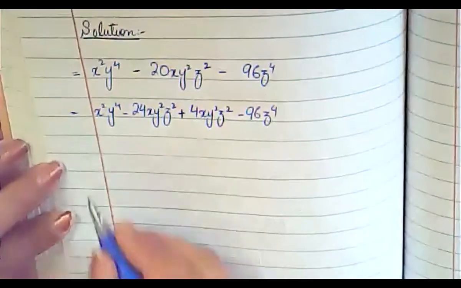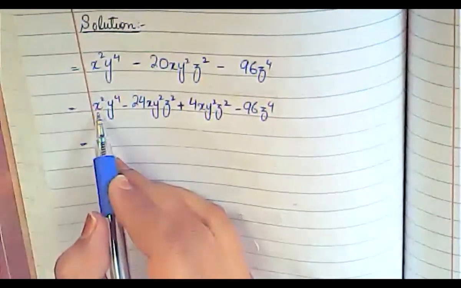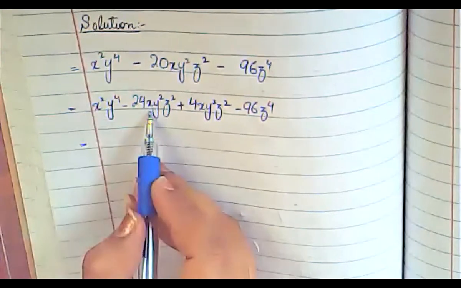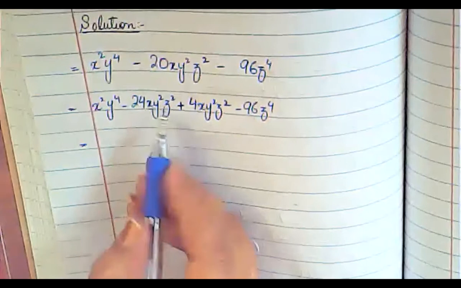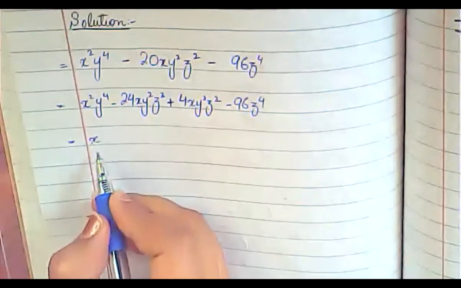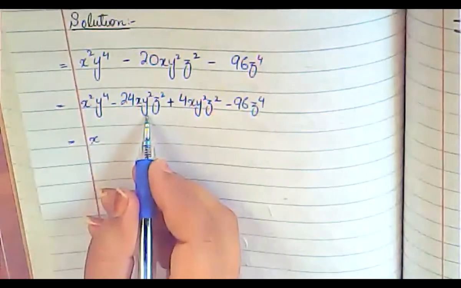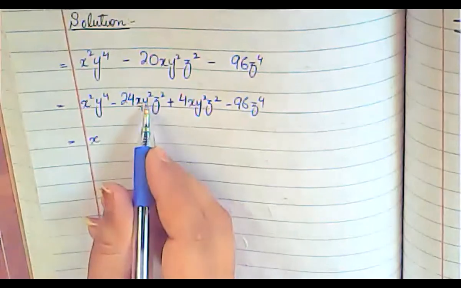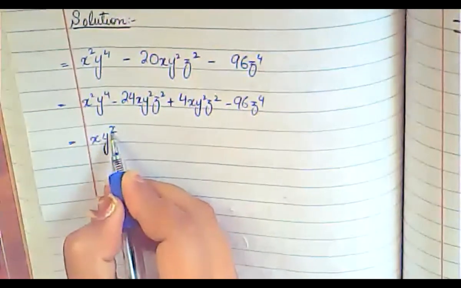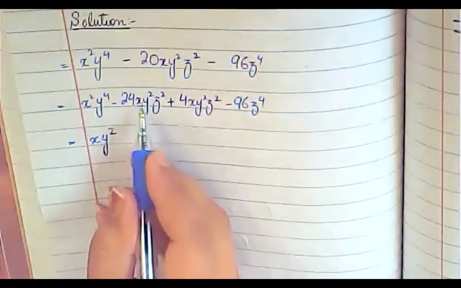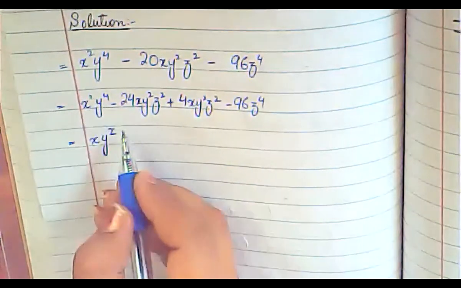What will be common here? Obviously, the first common variable in these two terms is x, and the least power of x is x1, so we will take x out. Y is also common, but the least power of y here is y square, so you will take y square out as a common. And obviously 24 and z is not common here.